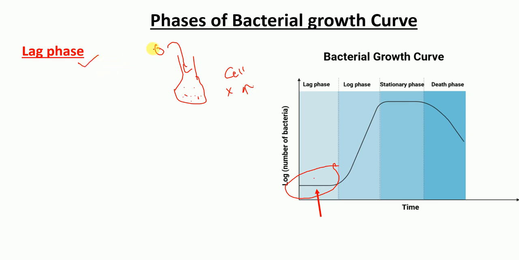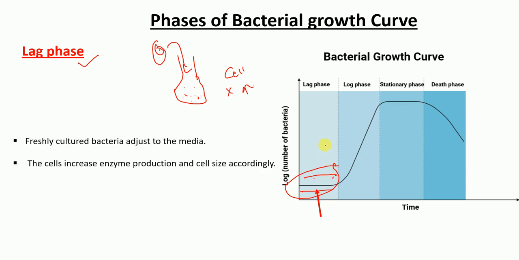When we put new bacteria into new culture media containing nutrients, it takes some time for the bacteria to adjust to the new media. That's why this phase is called the lag phase. In the graph, this particular phase is the lag phase. As you can see, there is no increase in the number of bacterial cells, but rather the adaptation of the bacteria to the culture media.